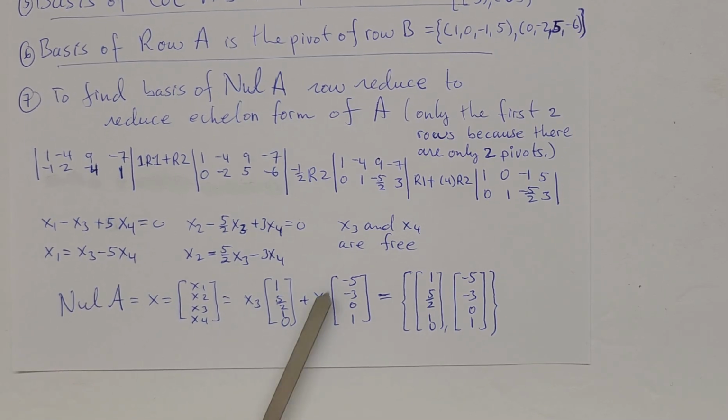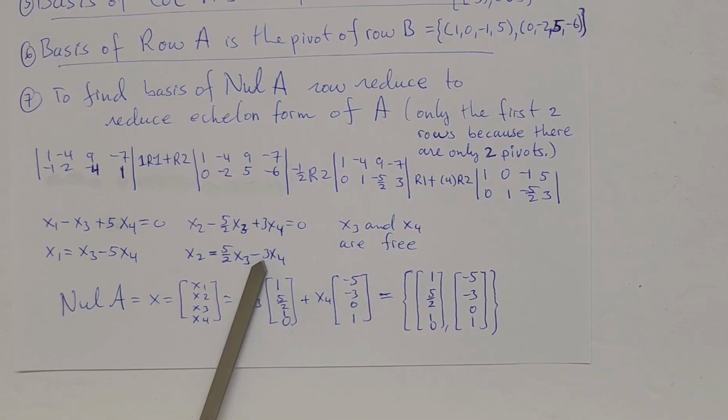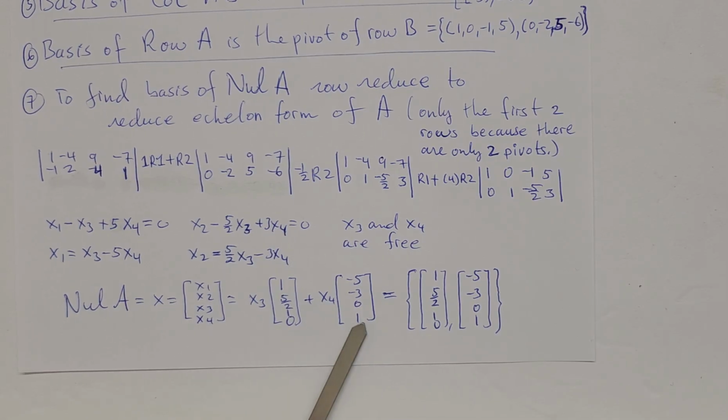For x4, the first term is -5, which I have here. The second term of x4 is -3. The third term of x4, there is none, so 0. The fourth term of x4 is 1, because x4 is free.